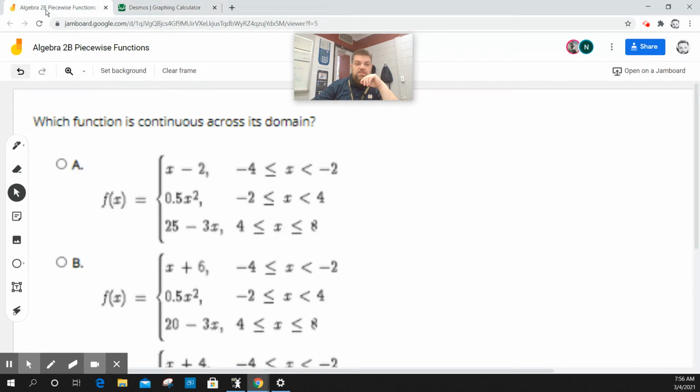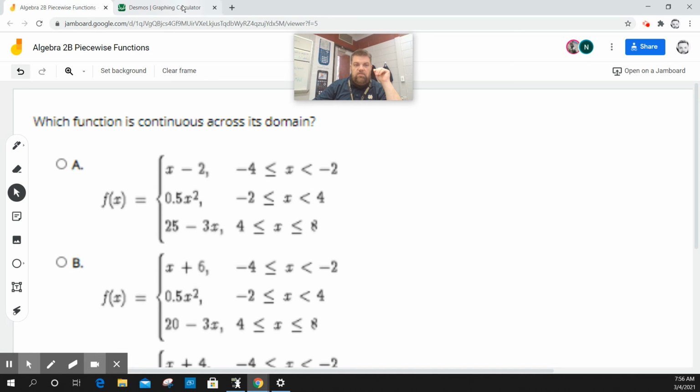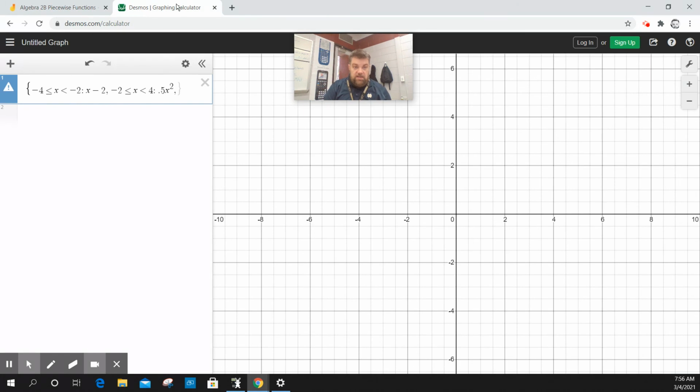I'm going to finish because this will be, once I get this entered in, 25. Wait, what's the domain? 4 to 8. So I'm going to say 4 less than or equal to x less than 8. Are we including that? Yeah, it's inclusive. Less than or equal to 8.